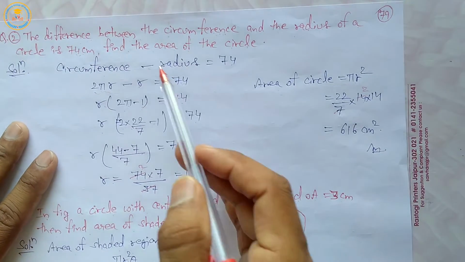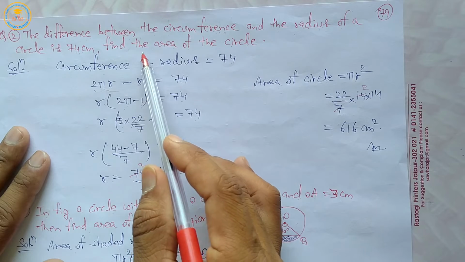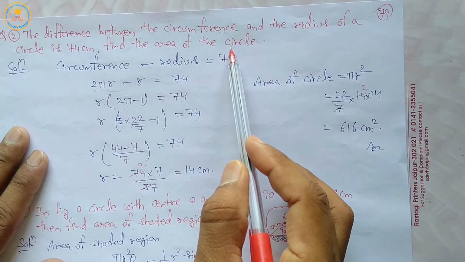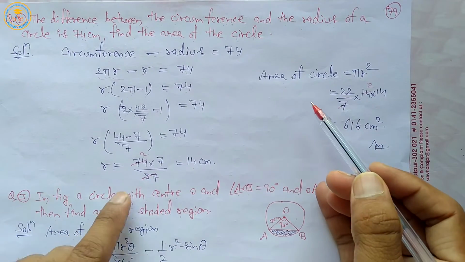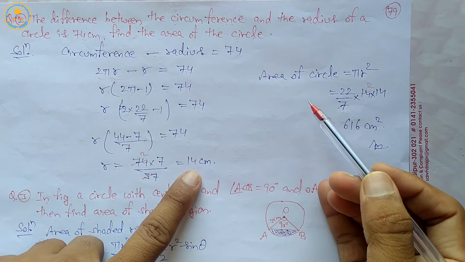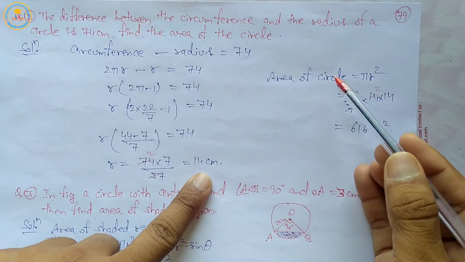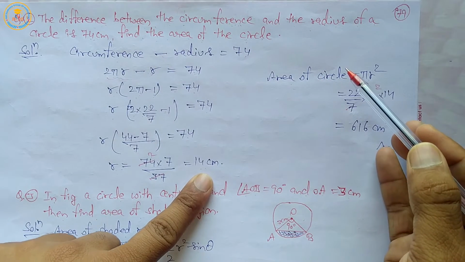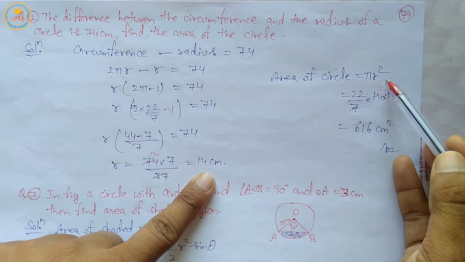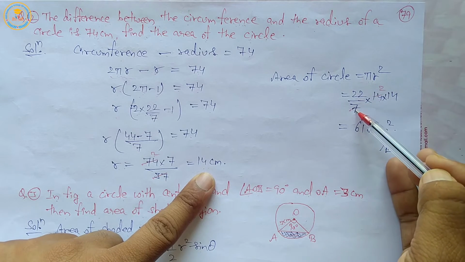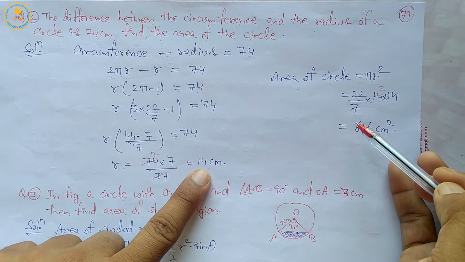Okay, now at last we calculate, find the area of the circle. We calculated the value of r as 14 centimeter. So area of circle, we know the identity pi r square, pi equals 22 upon 7, r is 14.